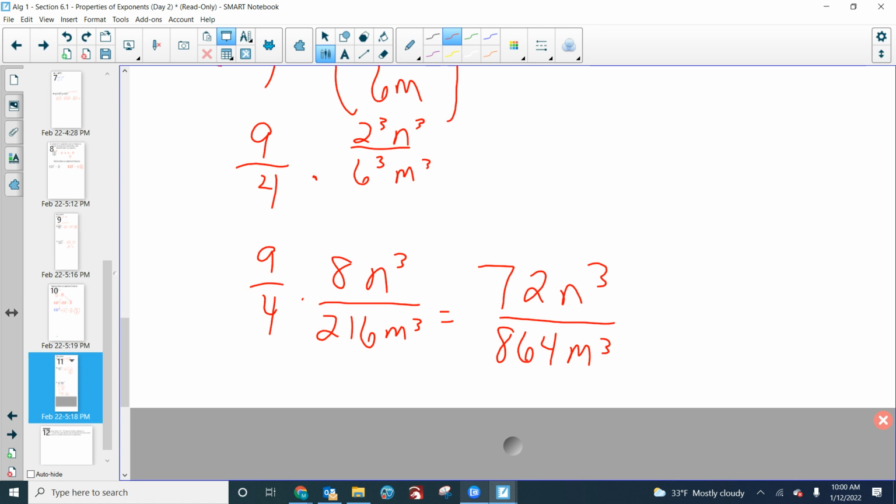Go 72 ABC 864 to reduce it. You guys agree it's 1 over 12? Did everybody get that? So my answer is 1/12. Now, we don't have to write the 1 on top. It could have just been n cubed on top.